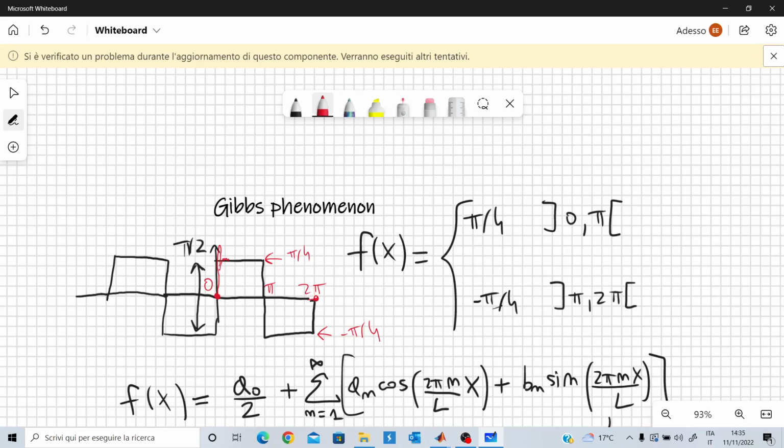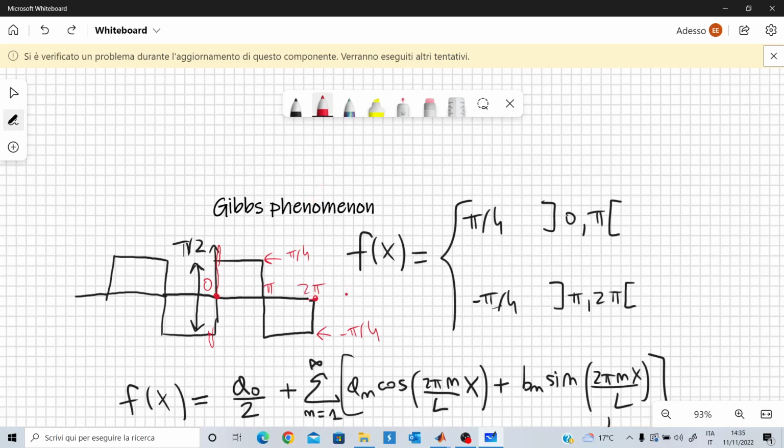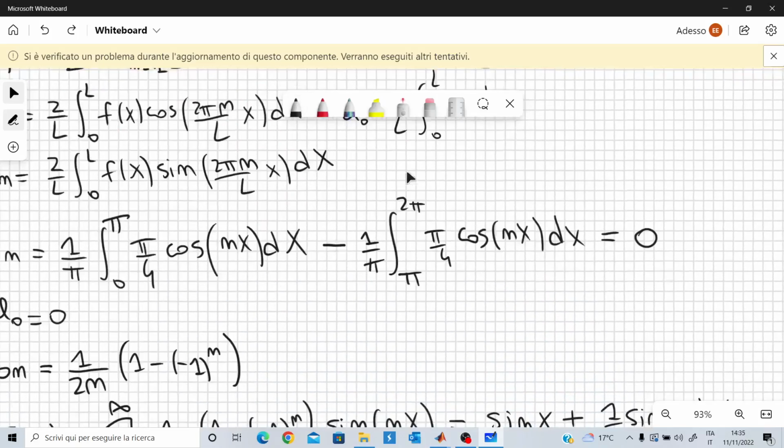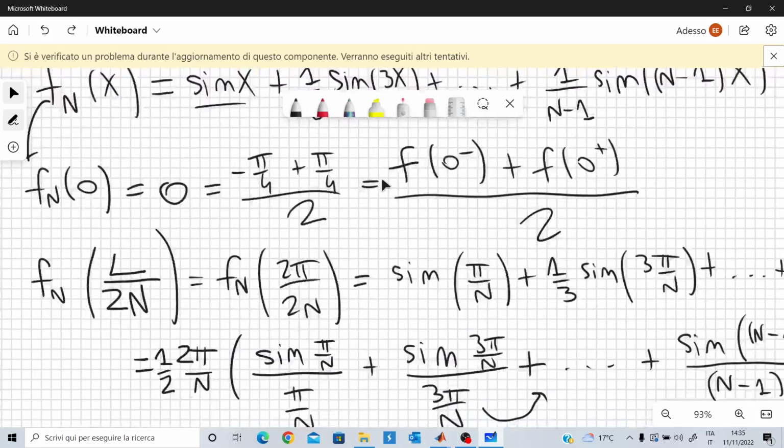Then, of course, the greater the number of harmonics that we use, the better this approximation. So the only difference is very close to the point x equal to 0. Here we have an overshoot, whereas here we have an undershoot, which is quite difficult to draw precisely, but we will see that more accurately with Matlab, so we will do a simulation.